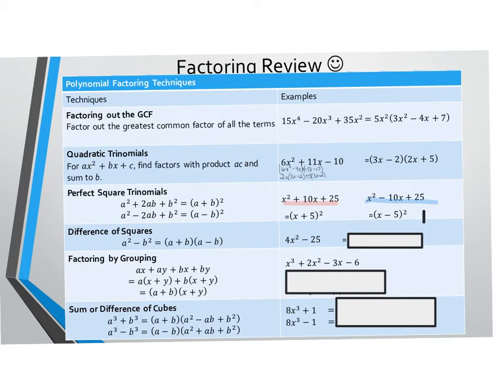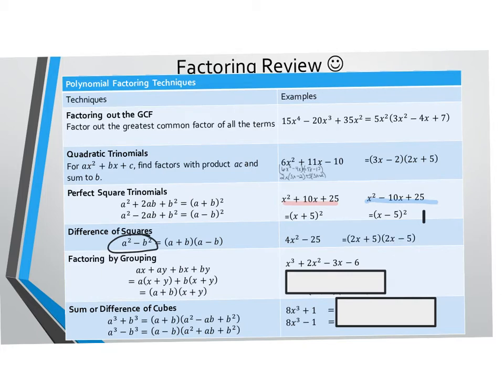For the difference of squares, remember if we have a perfect square minus a perfect square, we take the square root of them and change the sign in between the two terms. So 4x squared minus 25 ends up being 2x plus 5, 2x minus 5.